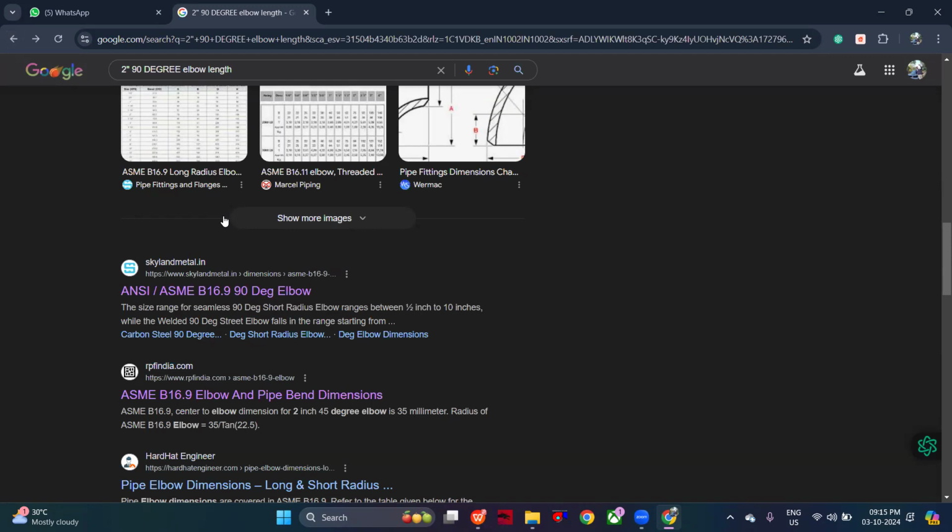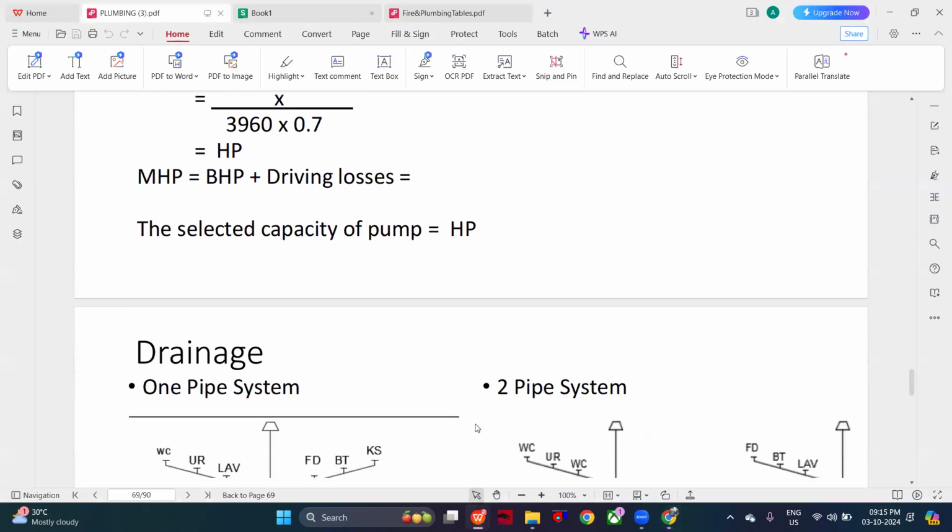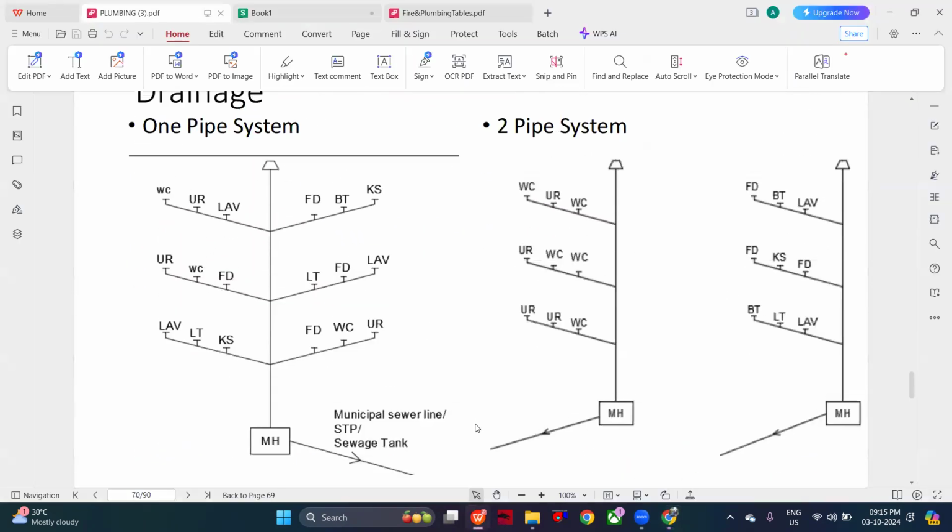Then we have one more section remaining, that is drainage. We'll talk about drainage tomorrow. So tomorrow we take up that section. Any other things you need?